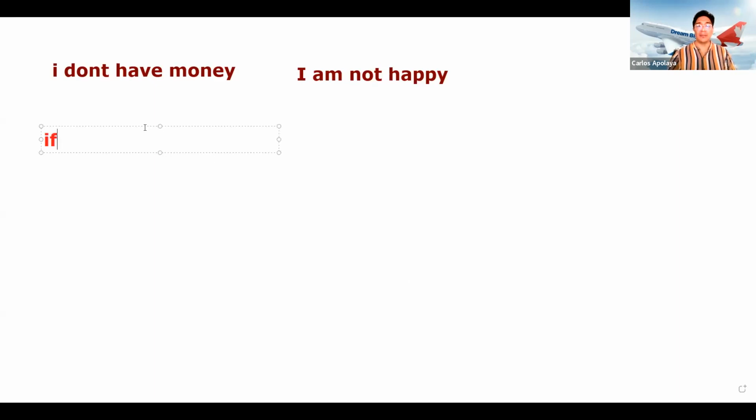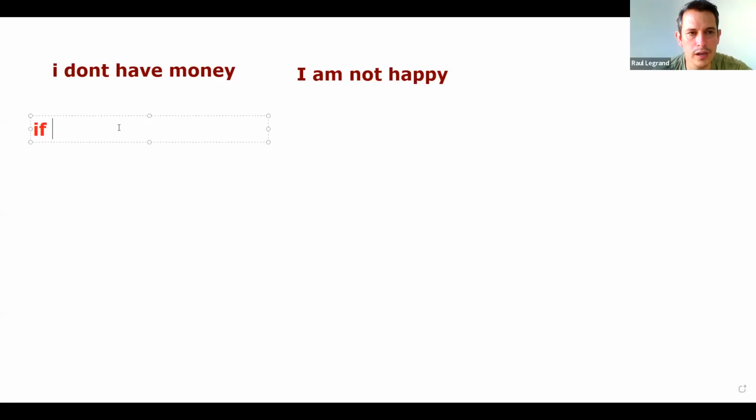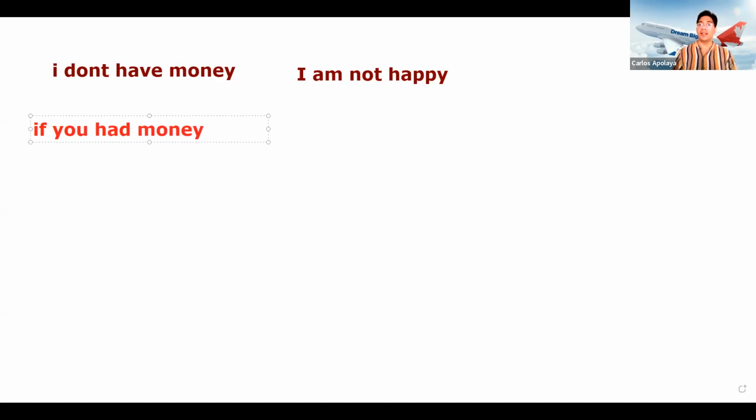¿Cuál sería lo hipotético? Si tú, I, tuvieses. If you or if I had money. You had money. Y luego utilizo el would. I would be happy. Digo, no tengo dinero, no soy feliz.